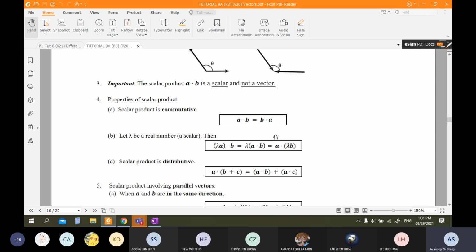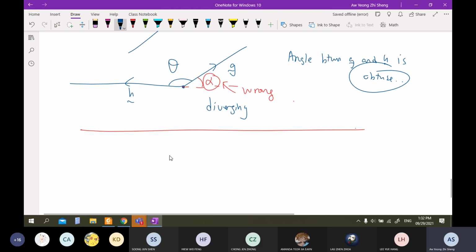Now, why is this so important? Every time we learn a new operation, we have to first study whether it is okay for us to interchange the order of the terms involved. To those who have learned matrix before, I know not everyone has learned matrix before.